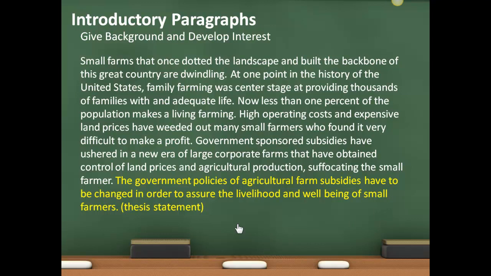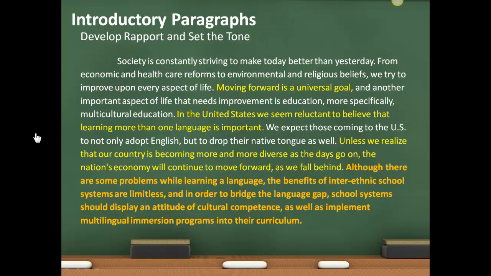The government policies of agricultural farm subsidies have to be changed in order to assure the livelihood and well-being of small farmers. Okay, so all of that blended and built towards a thesis statement. Now, as you're giving your background and developing the interest, you're also trying to establish a rapport with your readers and set a tone for your essay.